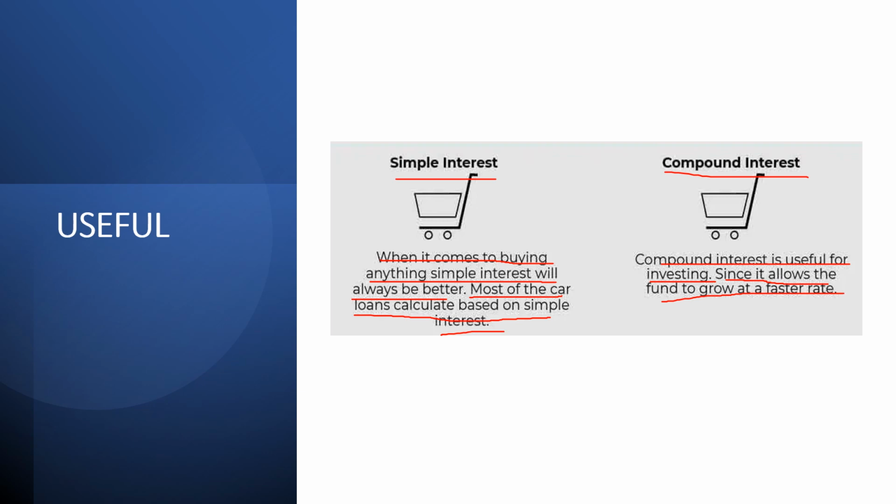If you're a lender, invest in an institution that offers you compound interest rather than one that can offer only simple interest on the amount of money that you're going to invest. So as a lender or investor, choose compound interest. But as a borrower, choose simple interest.